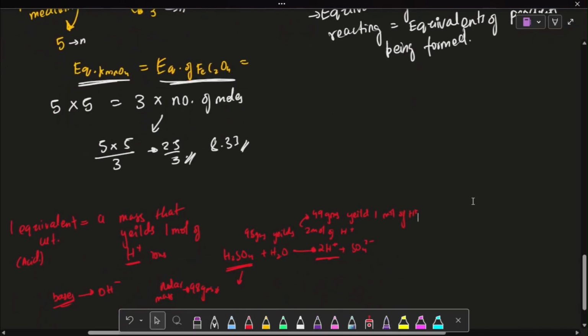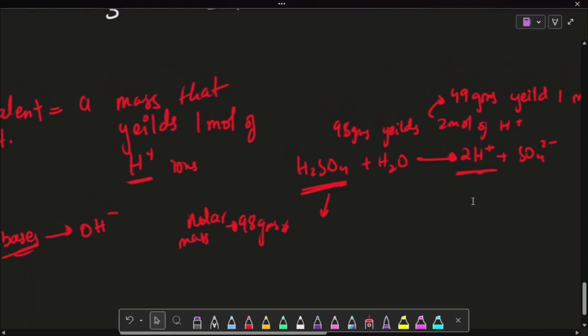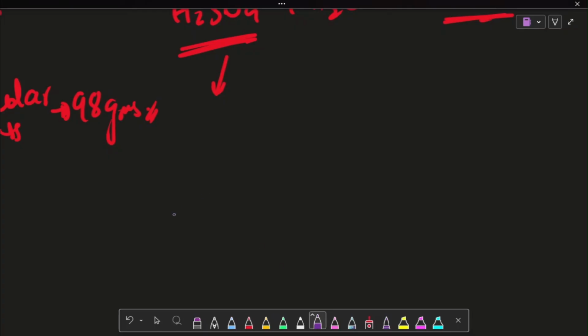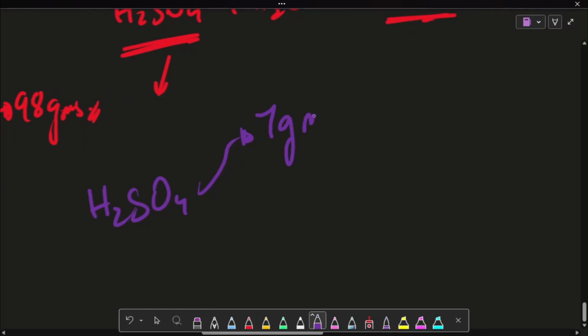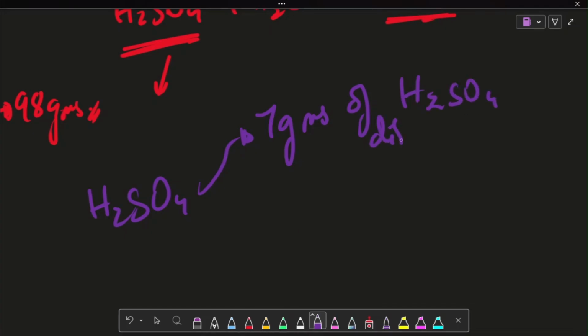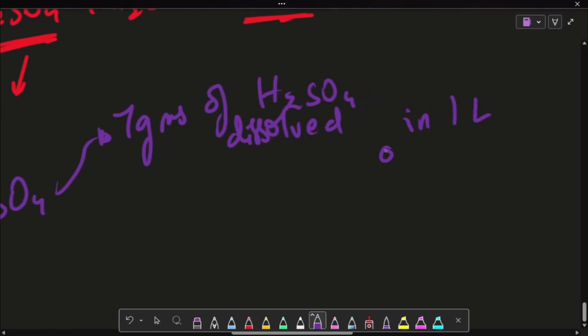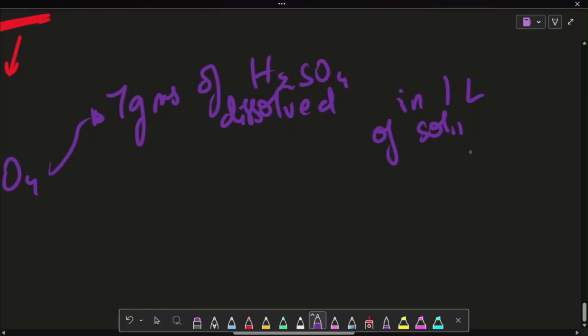Now let's take a question where you have to find normality for H2SO4. Let's say 7 grams of H2SO4 dissolved in 1 liter of solution. One way to do this would be molarity times n factor.